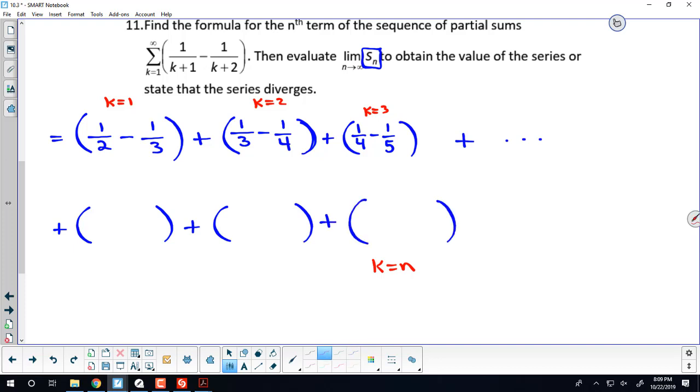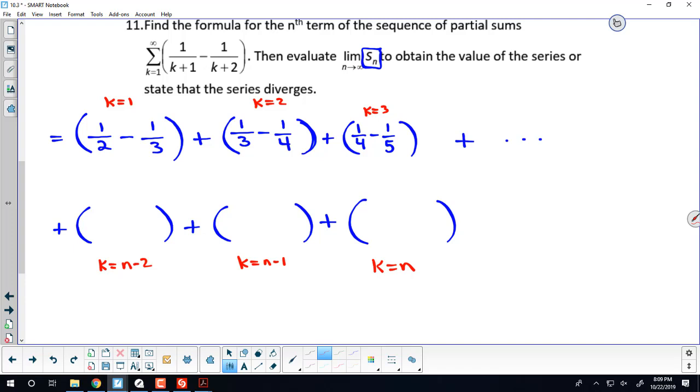After you see a few of these, you might not have to write out as many terms. If we're stopping at the nth term, then the previous term is when k equals n minus 1, and the previous to that is when k equals n minus 2. Is everybody all right with that? I know it's weird to have k equals n, but we're just stopping at n.